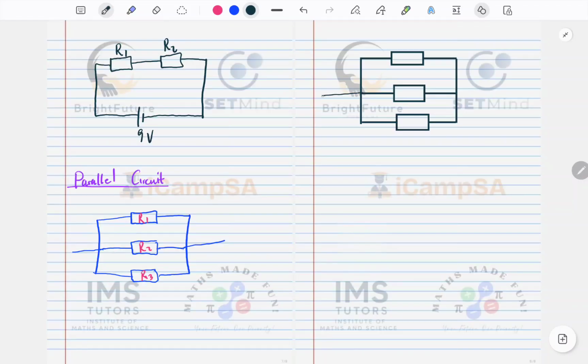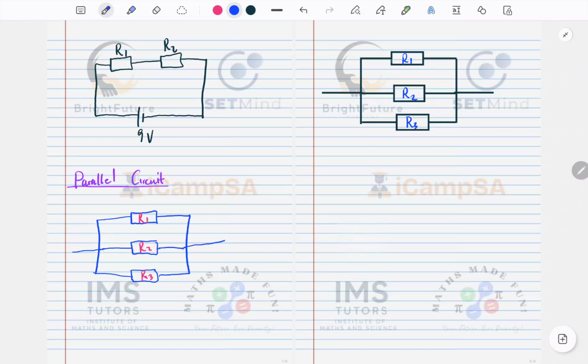So now this is what I have here, the same thing that I have on the other side. This is my R1, R2, R3.